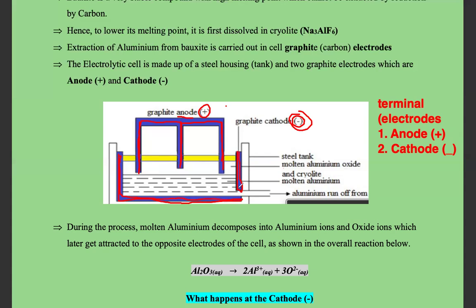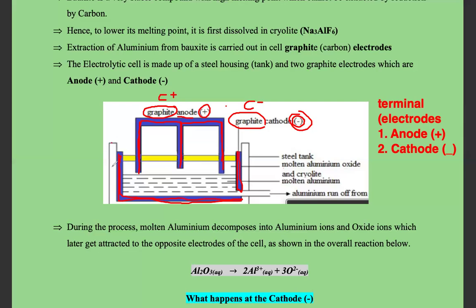Both the negative and the positive terminals are made out of graphite. Graphite is just carbon, so we have carbon positive and carbon negative. These are terminals where electricity is supplied or connected to this cell.